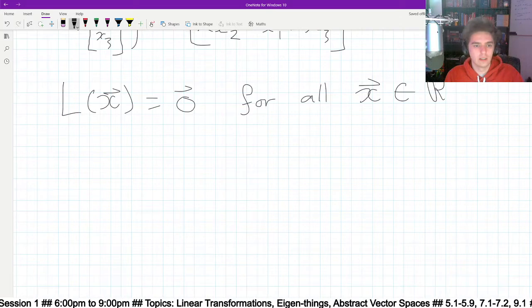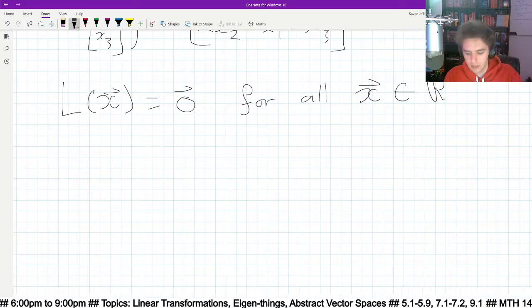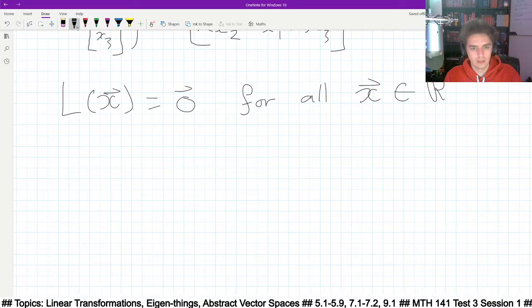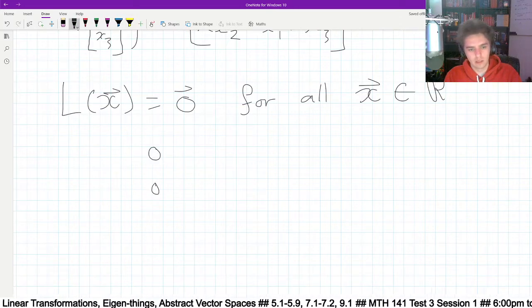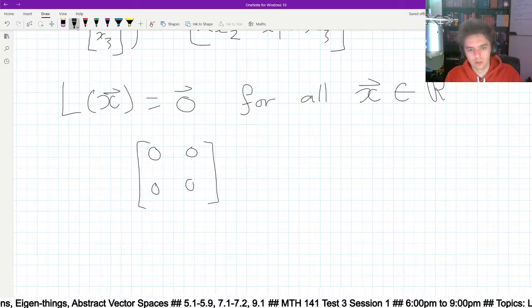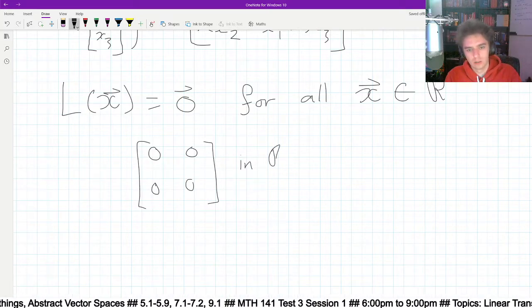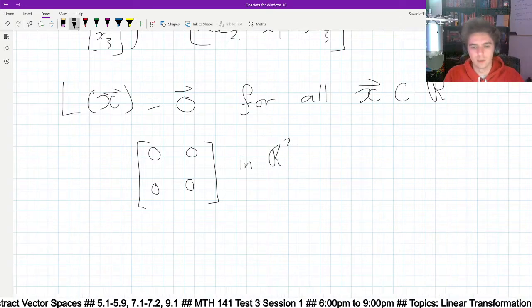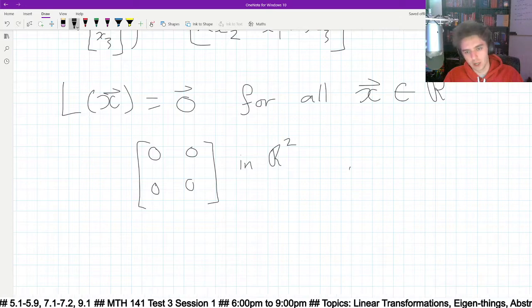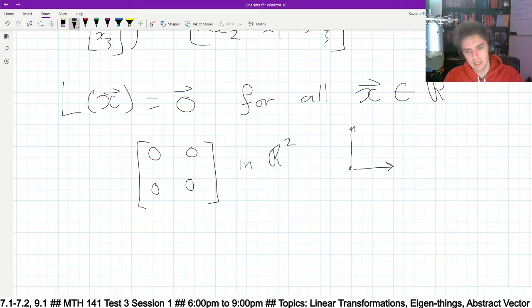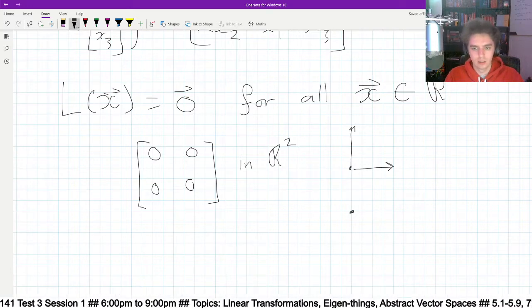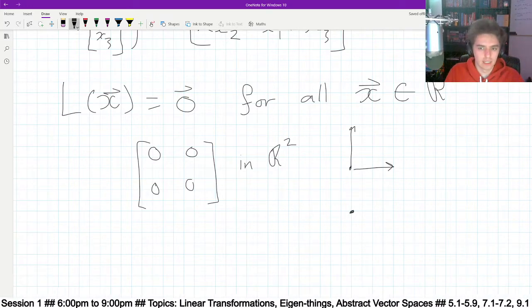All that's saying is that no matter what input you put in, it will output a 0. The matrix representation of that would be 0, 0, 0, 0 in R2, and you can guess what it would look like in any other R, just all zeros. Because basically you're starting with your standard basis, and after the transformation, all the standard basis vectors are at 0. So everything collapses to 0.